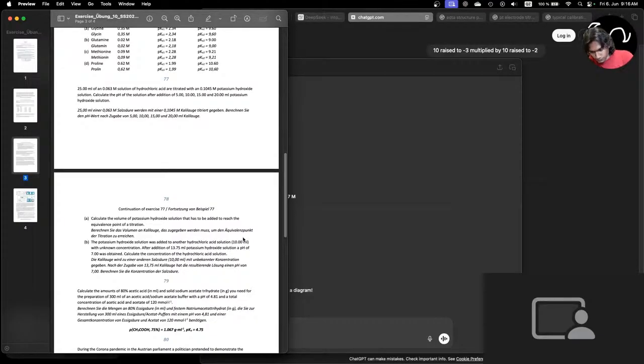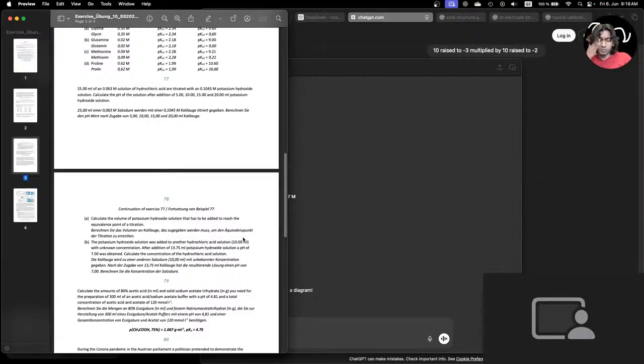The number of moles of HCl is the moles at equivalence point. The number of moles of both acid and base would be equal. So the volume of KOH is the number of moles of KOH by concentration of KOH, which is 1.575 into 10 raised to minus 3 by 10.45 into 10 raised to minus 2, which gives 15.07 into 10 raised to minus 3 liters, or 15.07 milliliters.